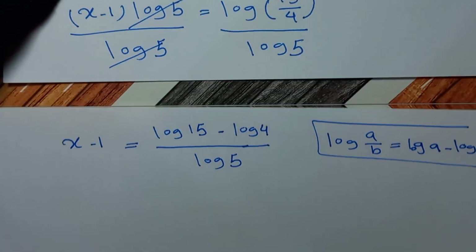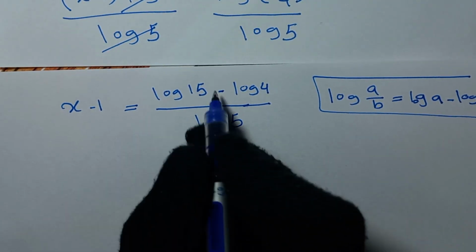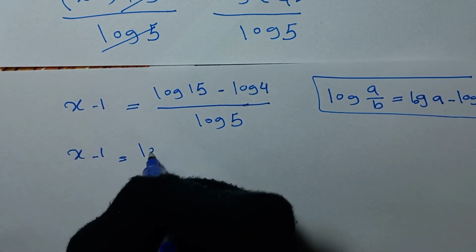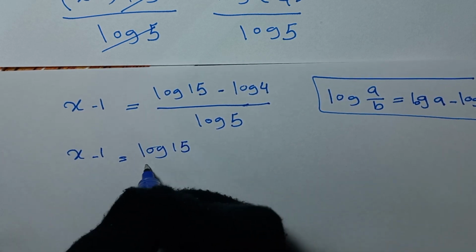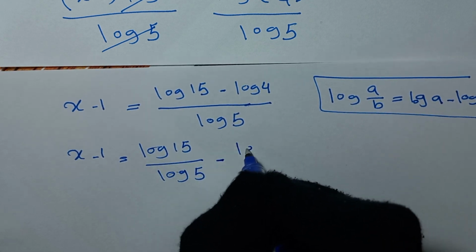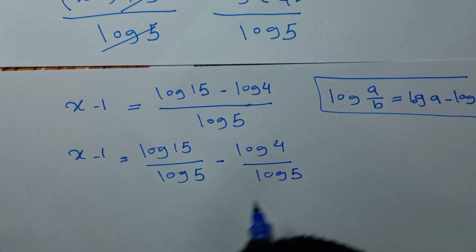In the next step we separate this fraction and it will be x minus 1 is equal to log 15 over log 5 minus log 4 over log 5.